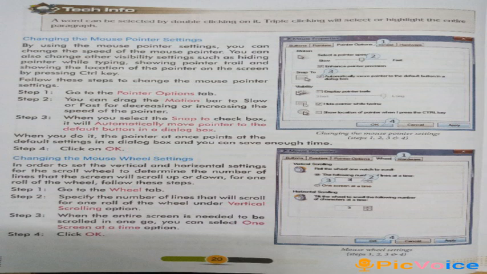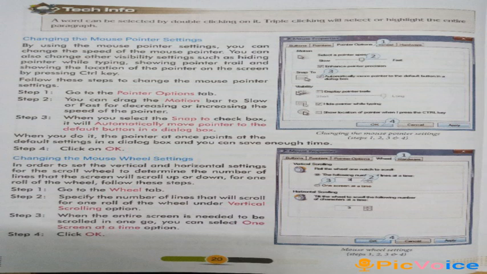Then step 3 is when we select the snap to checkbox, it will automatically move pointer to the default button in a dialog box. When we do it, the pointer at once points at the default settings in a dialog box and we can save enough time. Then step 4, click on OK.